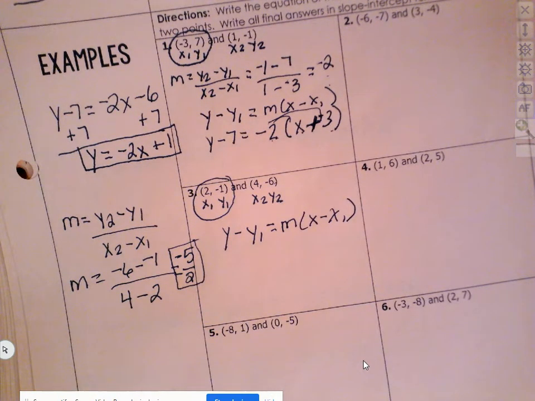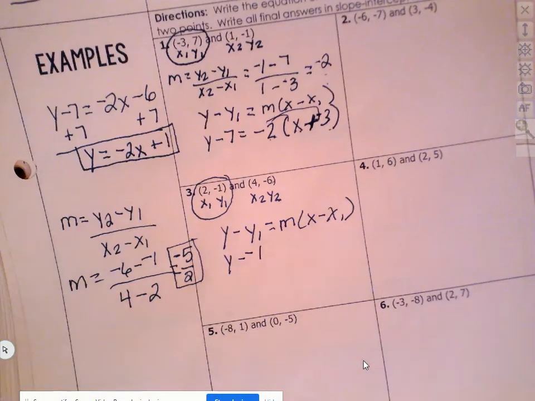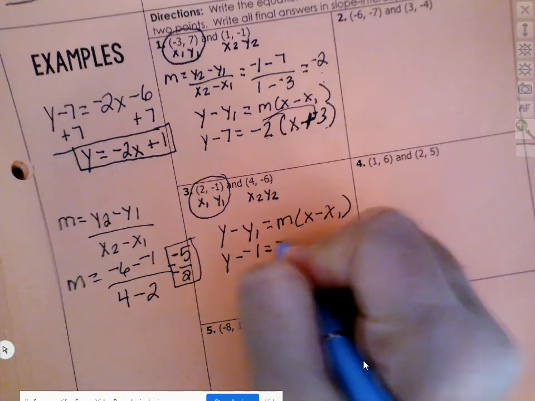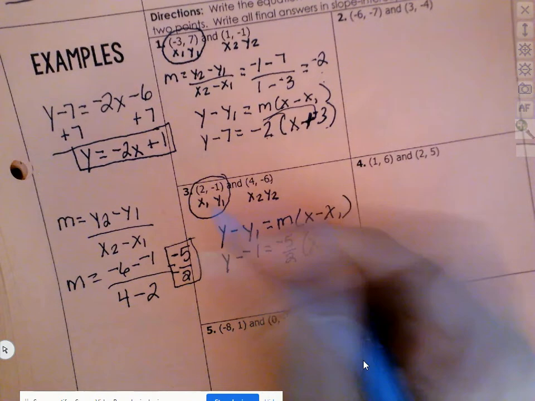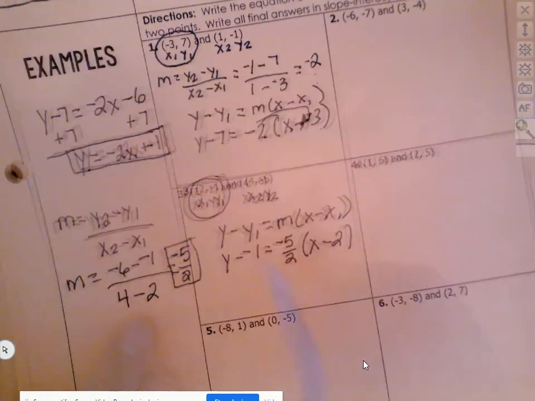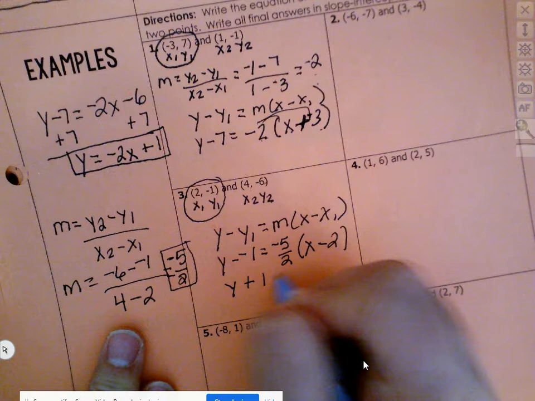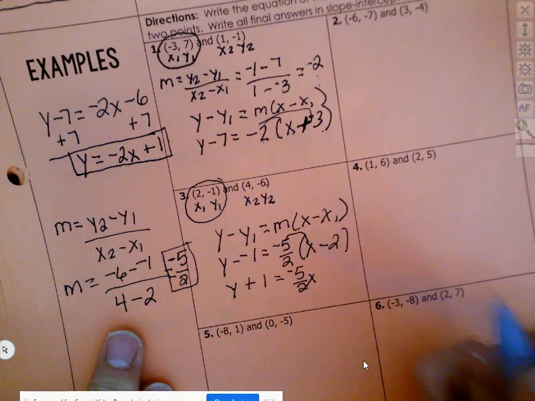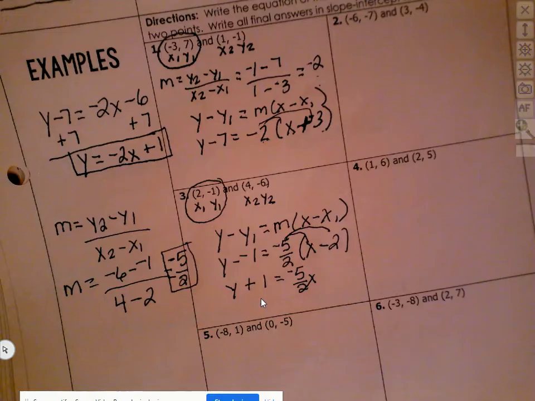Now I substitute in y minus a negative 1, careful with those negatives, and my m is negative 5 halves times x minus my x1 is 2. Now I realize y minus a negative y1 is plus 1. It's equal to negative 5 halves x when we distribute. And negative 5 halves times negative 2, we should pull up our calculator.